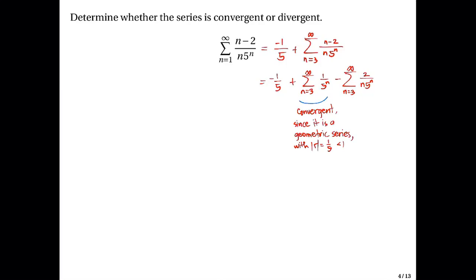And then for the other one, let's look for a Bn. So either 1 over n, or 1 over 5 to the n, or 1 over n times 5 to the n.